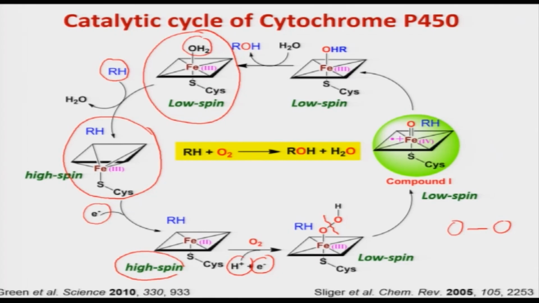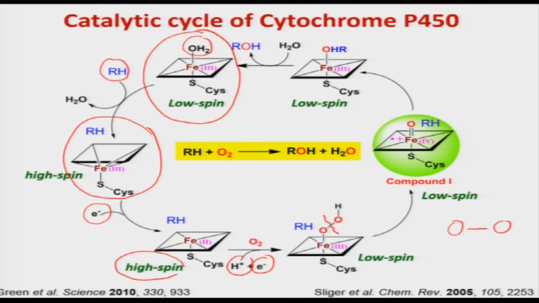Please note that this is a very reactive and unstable intermediate, and this also reacts with RH. It immediately transforms to ROH, and iron(IV) is reduced to iron(III).